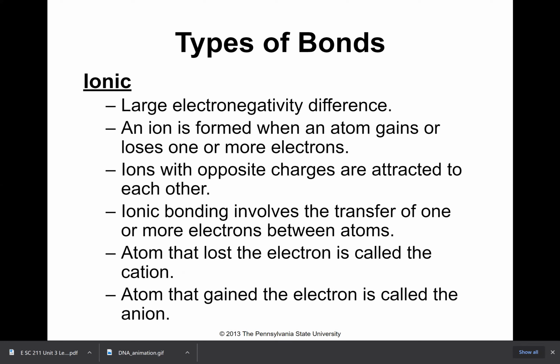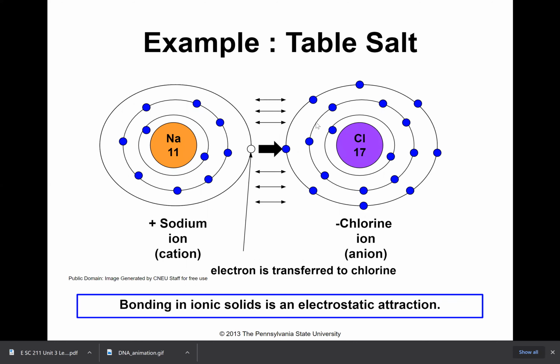We said that. An atom that lost an electron is called a cation. An atom that gained an electron is called an anion. This is stuff we went over in chemistry recently, so that should be very familiar to you, but not the bonding of it. We're going to get into that very shortly. So opposites attract, right? Positives and negatives attract.